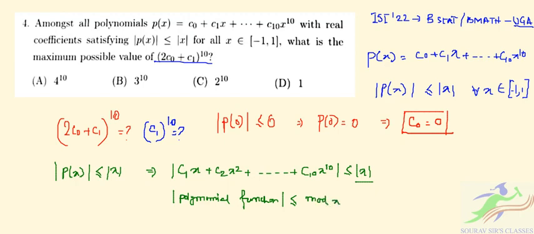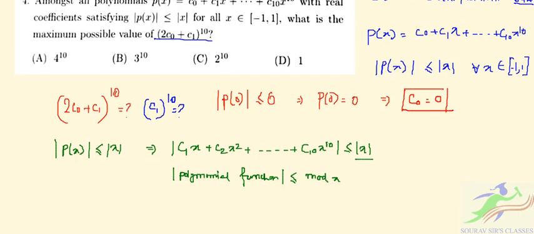So that is the graph. From here we can imply that the modulus of the graph of this polynomial function will be below the graph of mod of x.